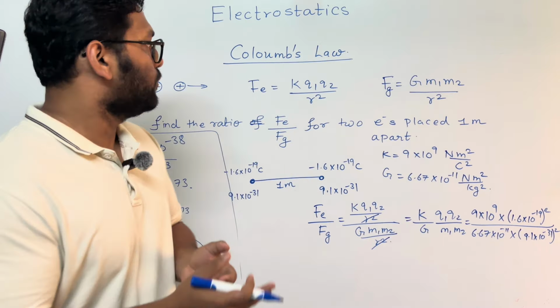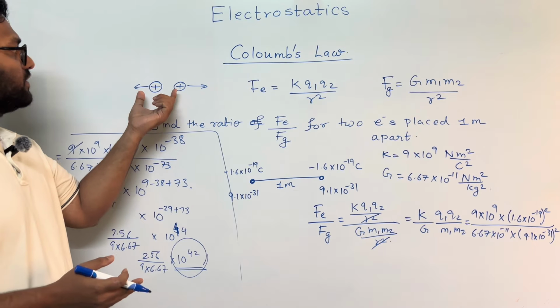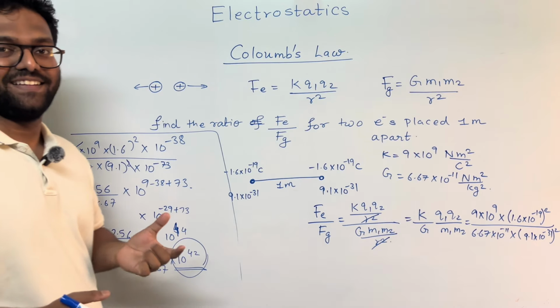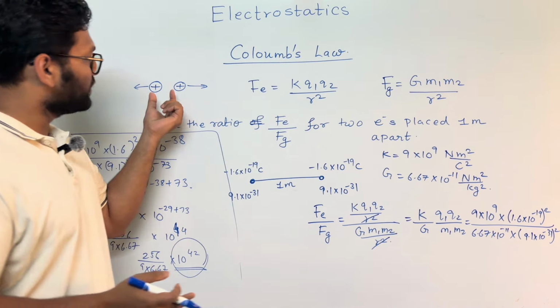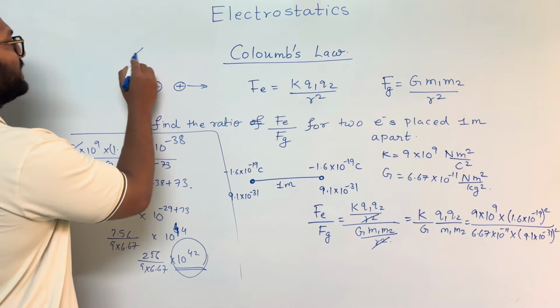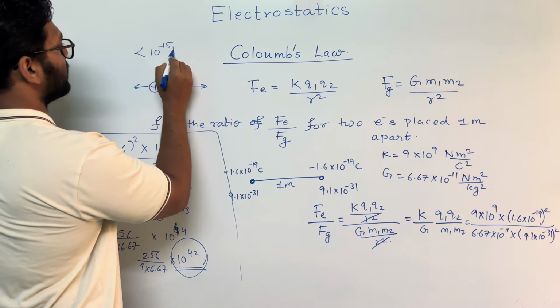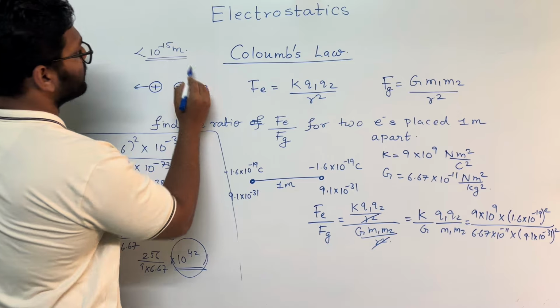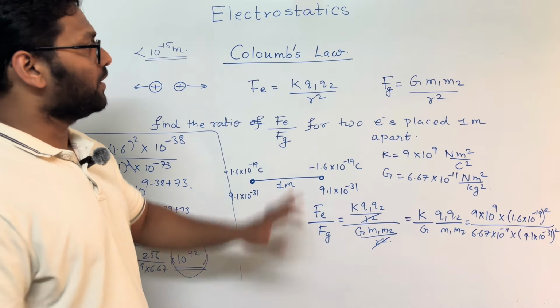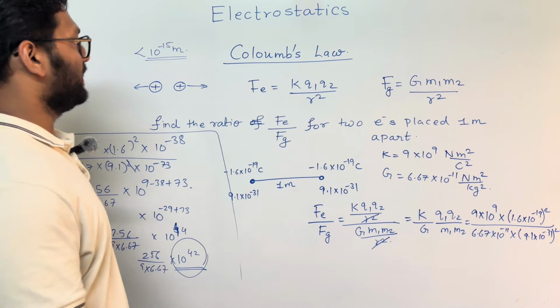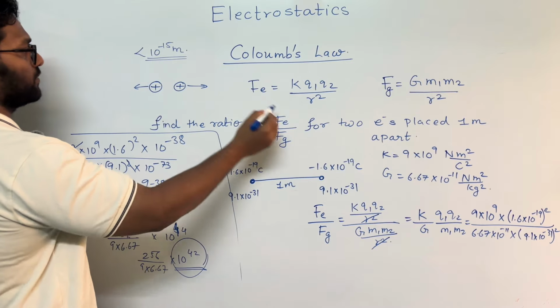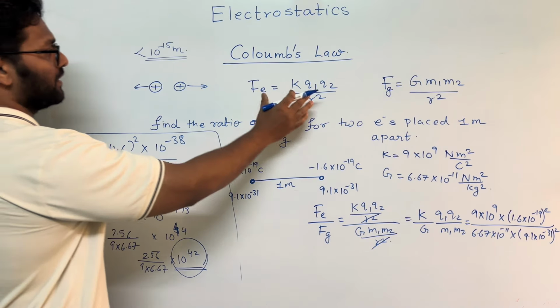If you don't know this, the answer is that there is no Coulomb force in this. When they come sufficiently close, less than 10 to the power minus 15 meter, in this range, Coulomb's law is not at all valid. Coulomb's force will not be there. You cannot write the equation like this.